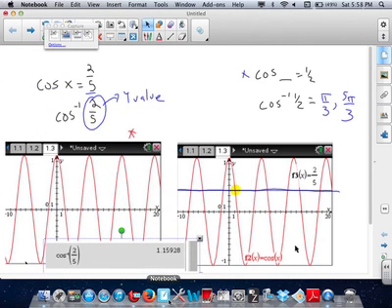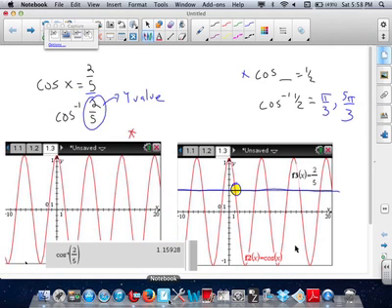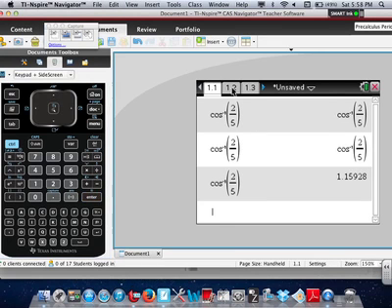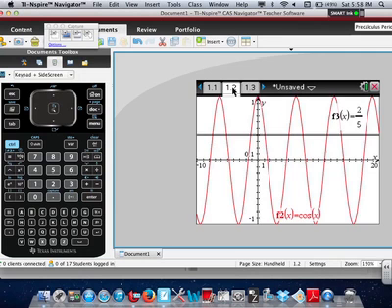Now, if I think about that number right here, in this yellow part, I want to find that number by the intersection. I wonder how that would be related to the inverse cosine of 2/5. Let's go ahead and try that real quick on the calculator on the graph. So here I have a graph of cosine and the 2/5.